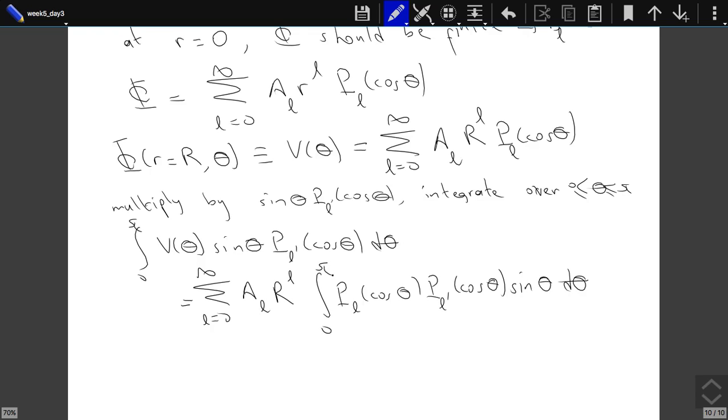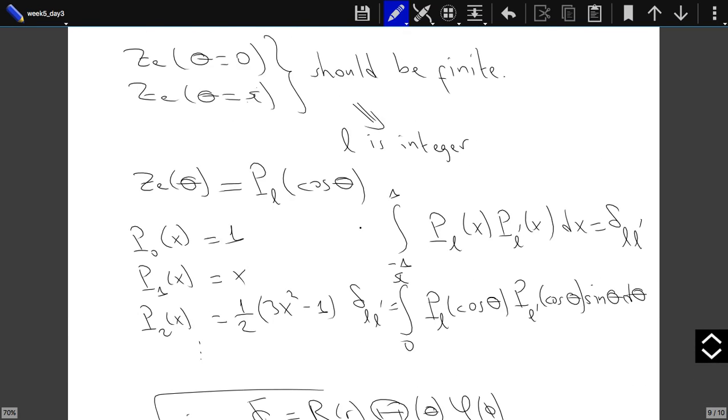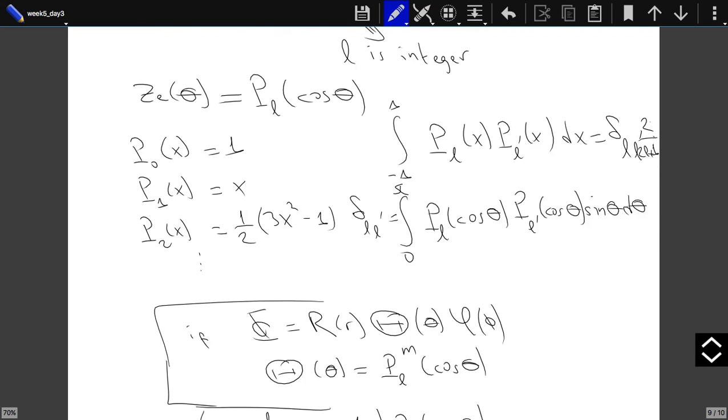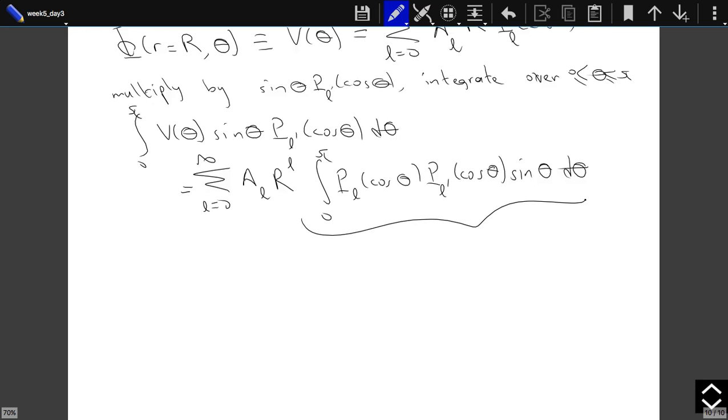But the definition of the Legendre polynomial, sorry, I forgot. This is not a Kronecker delta by itself, but 2 over 2L plus 1. This integral, from the definition of the Legendre polynomials, is 2 over 2L plus 1 times Kronecker delta L L prime.